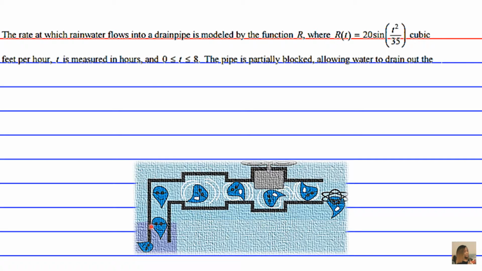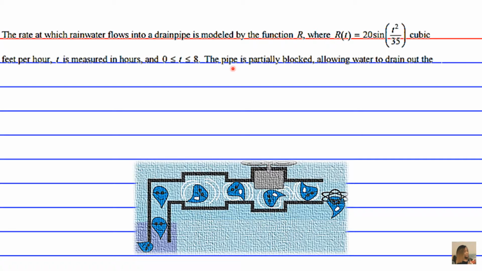So here goes the representation of our pipe, water entering the pipe, and water exiting the pipe, okay? T is measured in hours, and t is greater than or equal to 0 hours and less than or equal to 8 hours.